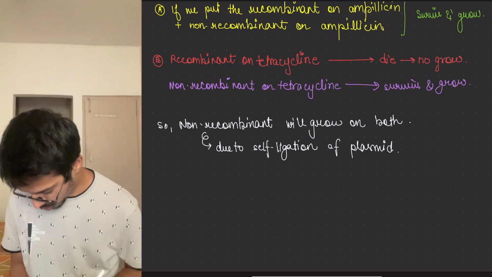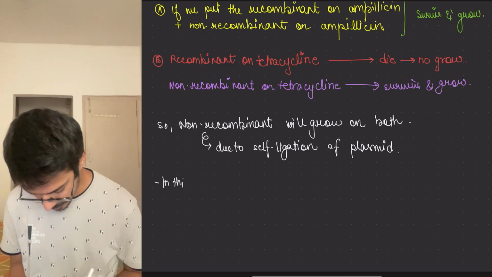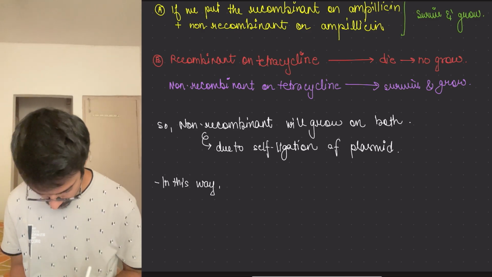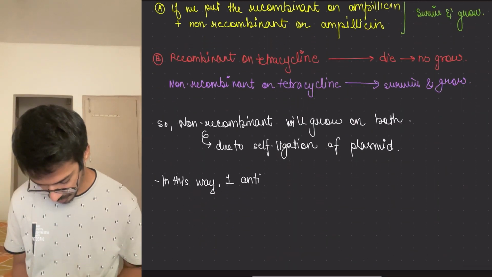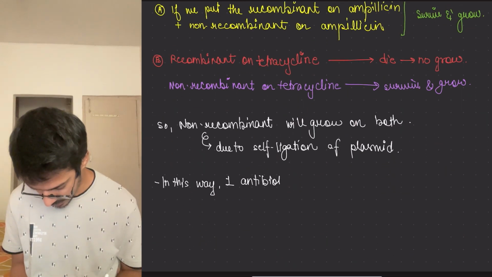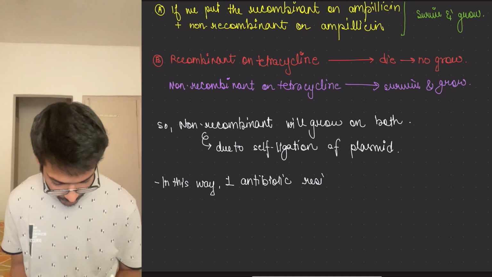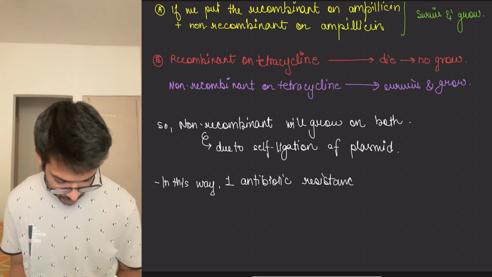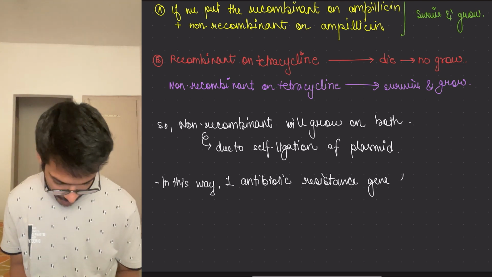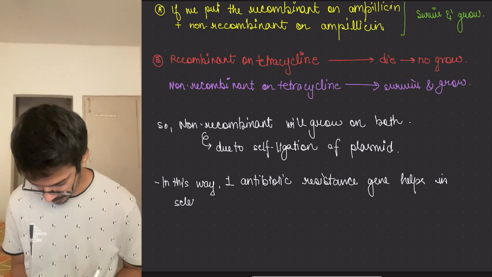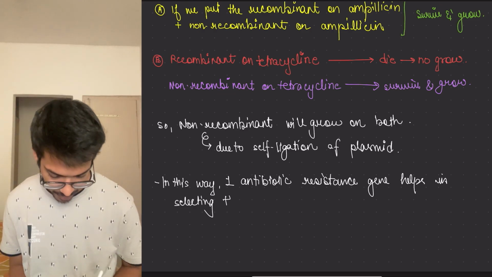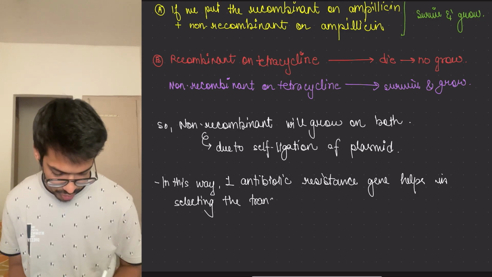Okay, moving on to the next: in this way, antibiotic resistant genes help in selecting the transformants.